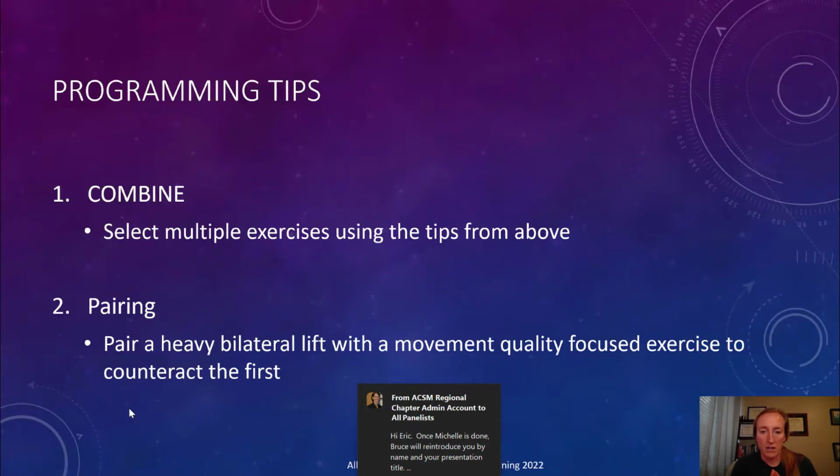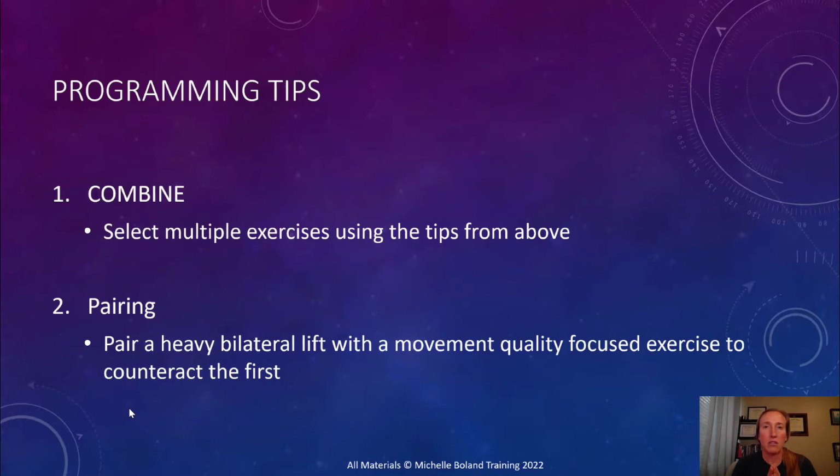Or you could pair exercises. You can do a heavy typical bilateral lift, like a trap bar deadlift, and then partner that exercise with an exercise that's more of a single loading or rotational movement. That way, the person is compressing, squeezing, producing force with that first exercise, but then you're exposing them to something that allows them to move in different planes of motion, a little bit more freedom, degrees of freedom through their joints.